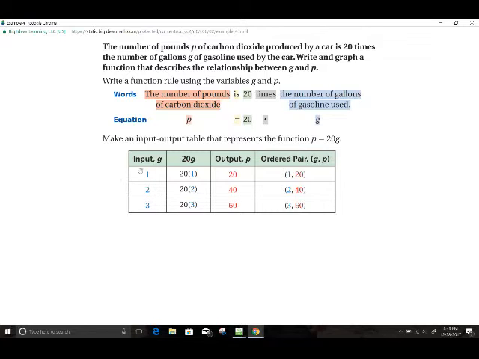So we're going to use positive values 1, 2, and 3. So if the input is 1, then 20 times 1 means the output is 20. And that makes sense because the output is supposed to be 20 times the input. So 2 is 40, 3 is 60.